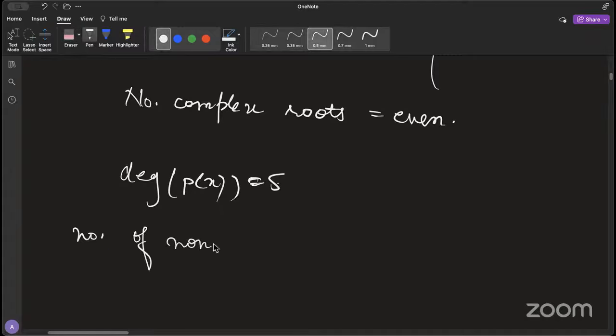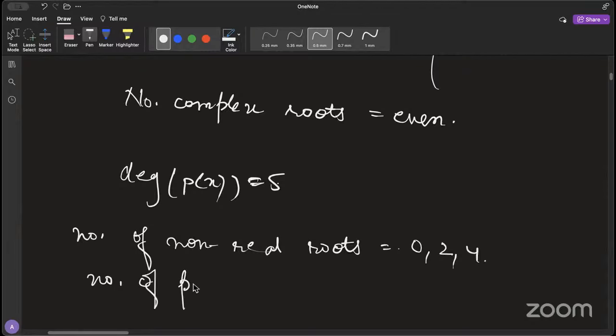The number of non-real roots possible, because they appear in conjugate pairs, is going to be even, right? So either they can be 0 or 2 or 4. So the number of real roots, or number of purely real roots, because real roots are also complex. The real set is contained in the set of complex numbers.